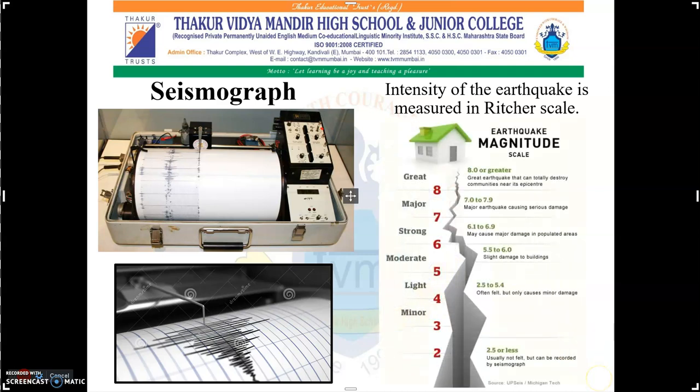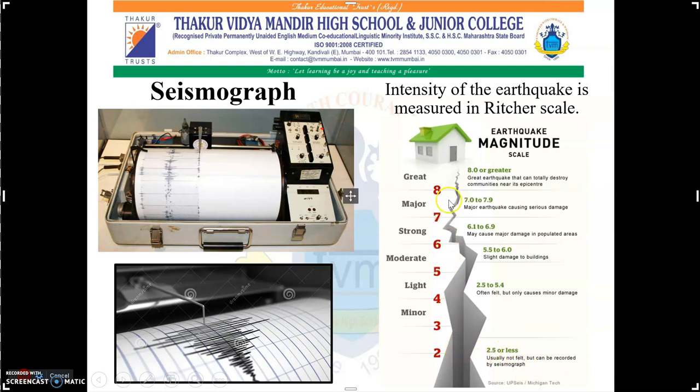Now, as you can observe in this picture, different magnitudes are shown ranging from 2 to 8. That is starting from 2, 3, 4 and till 8. So, an earthquake with a magnitude around 2.5 or less is usually not felt, but it can be recorded by the seismograph.